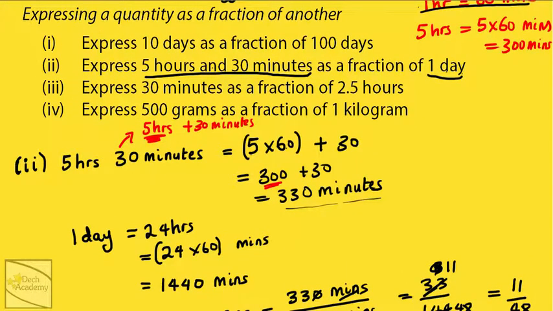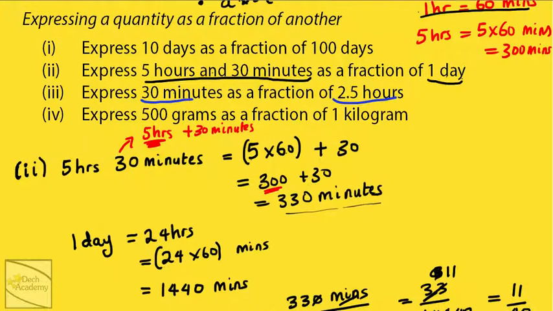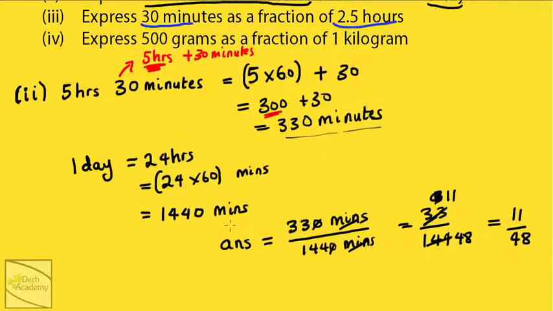Next question, we're required to express 30 minutes as a fraction of 2.5 hours. As you notice, we have minutes here and hours. So our time values here are not in the same units. So this is question 3. Let's stick to minutes. So I just have to convert 2.5 hours to minutes.